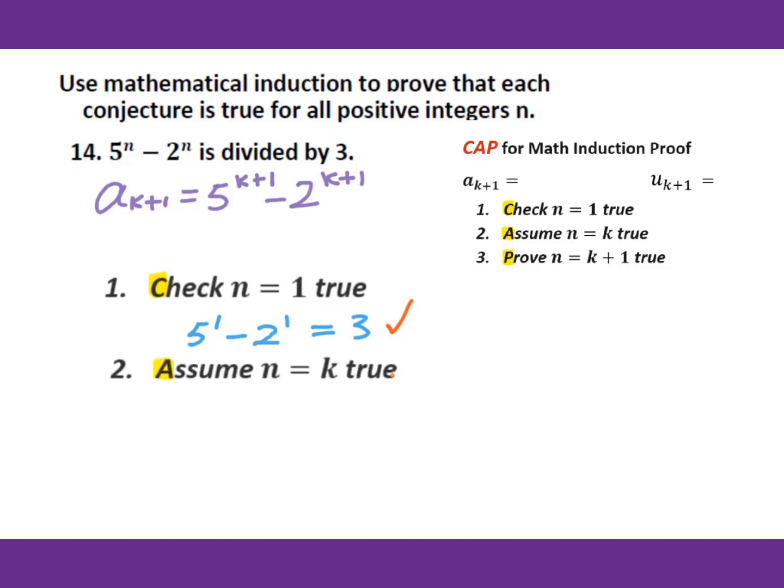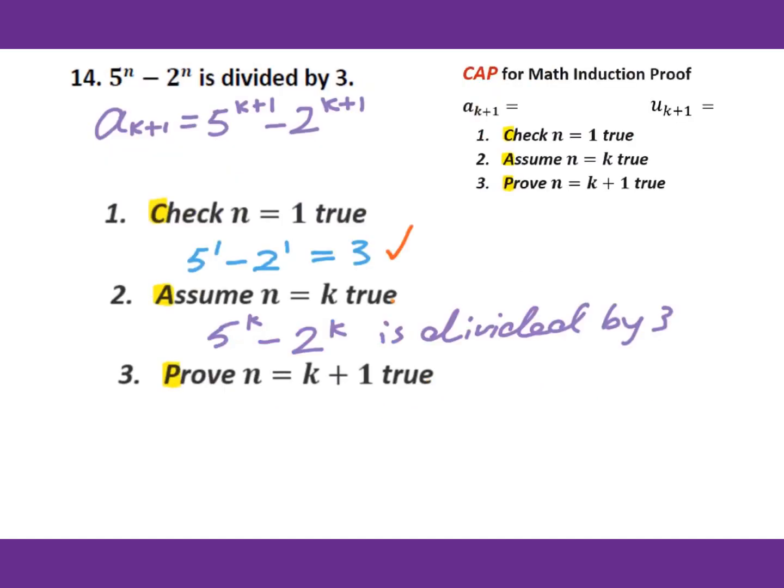Assume n equals k true. Look at the statement. I change every single n into k. Therefore, I got 5 to the k's power minus 2 to the k's power is divided by 3. Then we need to prove a sub k plus 1 is divided by 3.